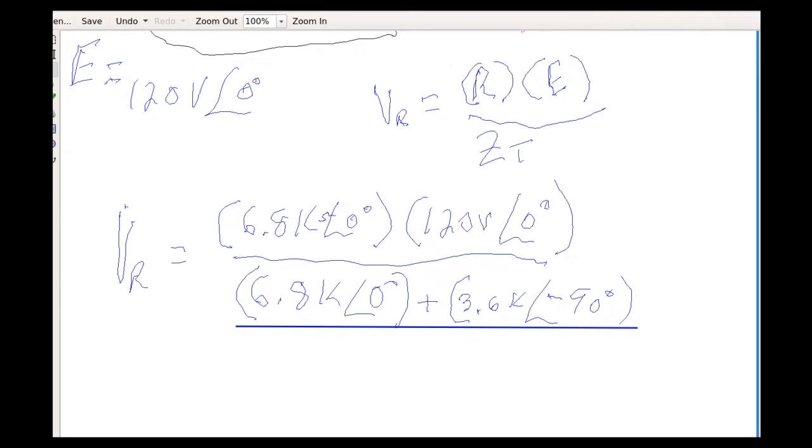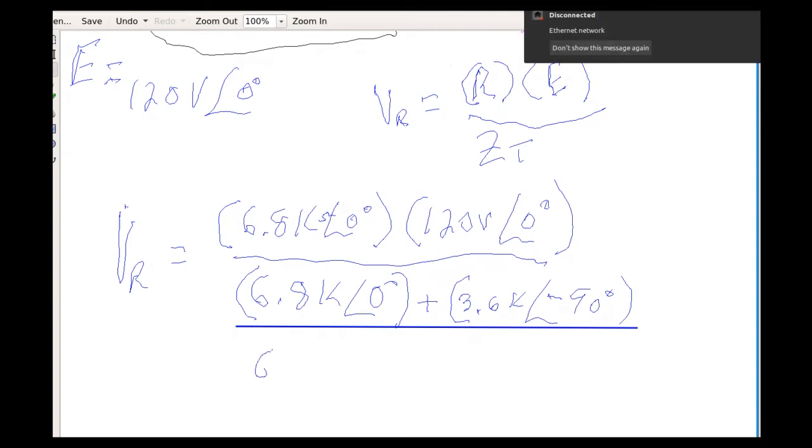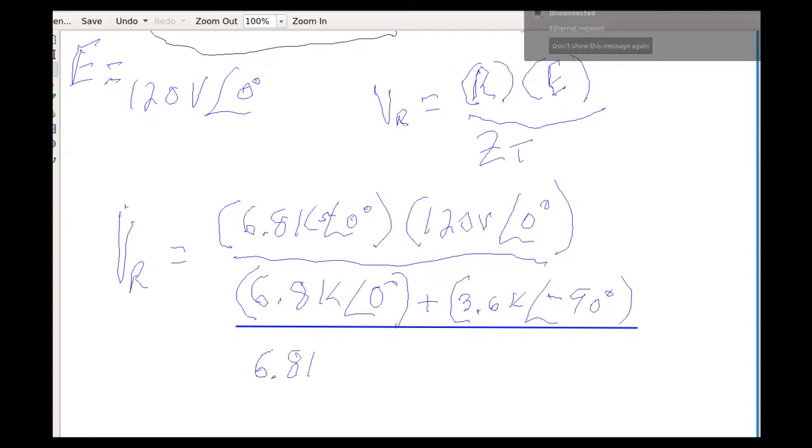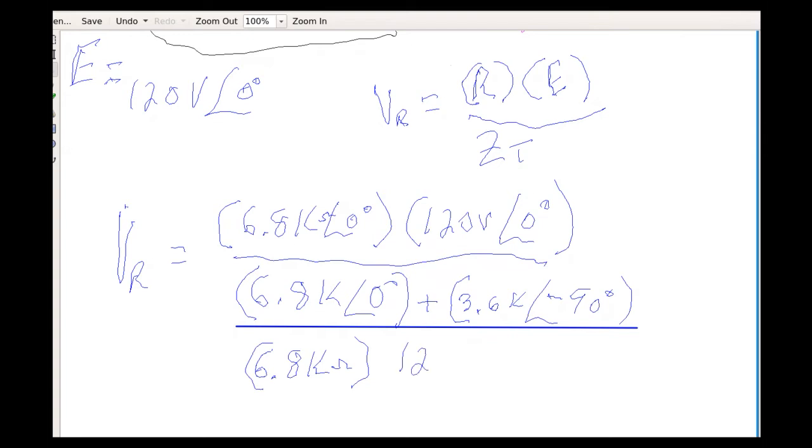I'm just going to rewrite this whole thing, in terms of this 6.8K ohms, that's the resistance term, and 120 volts. Okay, this is rectangular form. All right, so this is 6.8K minus J 3.6K, and of course that's ohms there and ohms there.